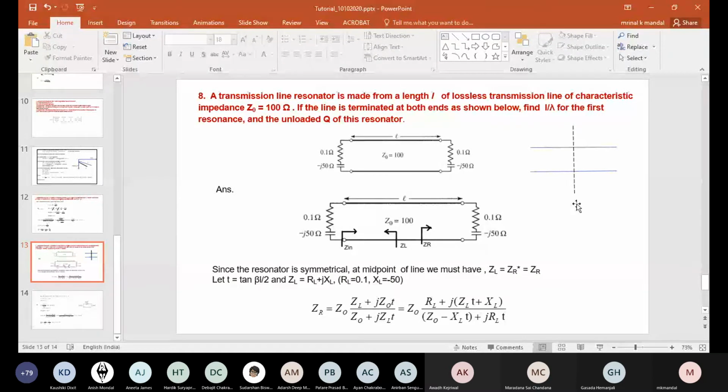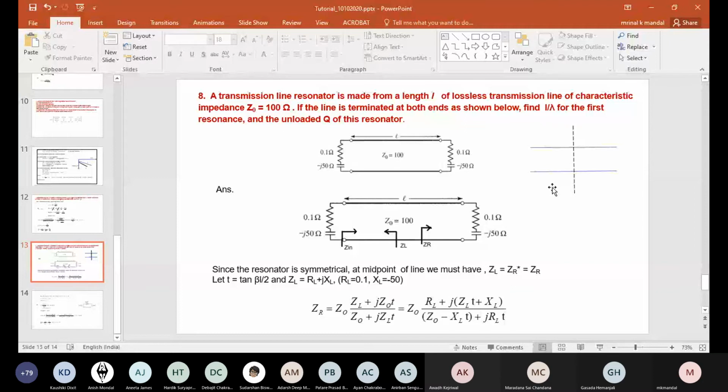Then from this plane, if I look in left side and right side, impedance should be same, voltage by current. That is also, in other words, we can say this is a resonance condition, right? Because otherwise, you see, if it is not symmetrical, it can't support any standing wave pattern.